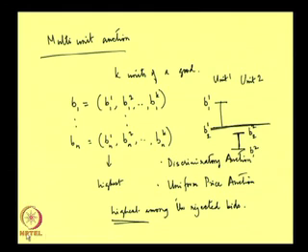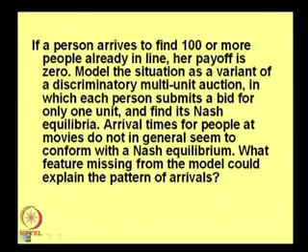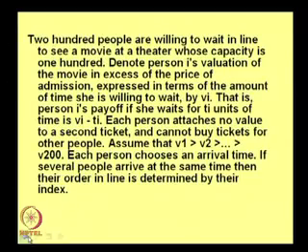What we are going to do is to look at one exercise from multi-unit auction. Here is the exercise. 200 people are willing to wait in line to see a movie at a theatre whose capacity is 100.